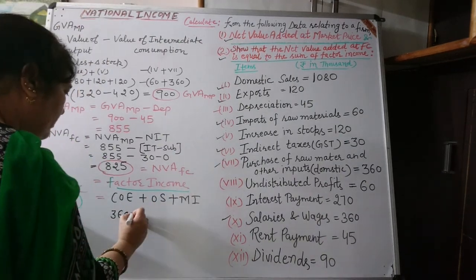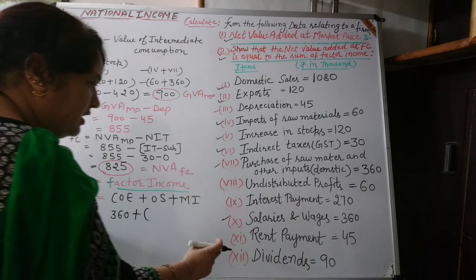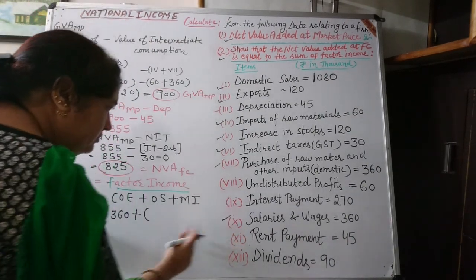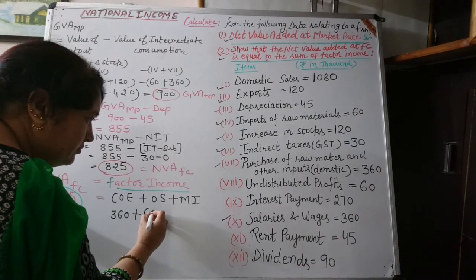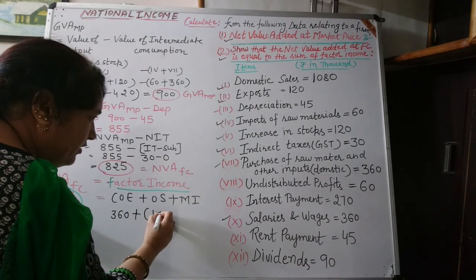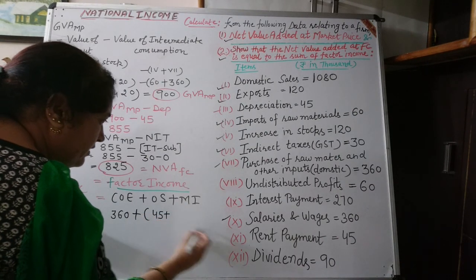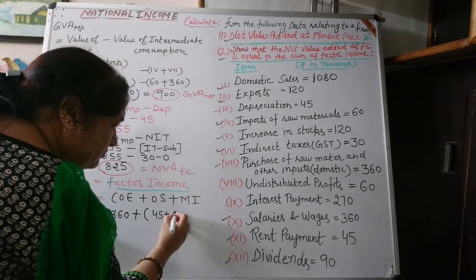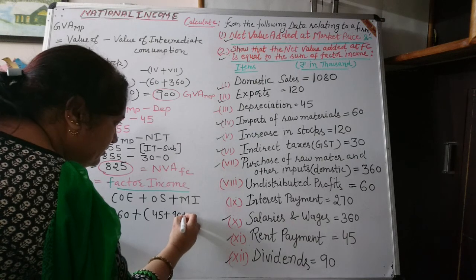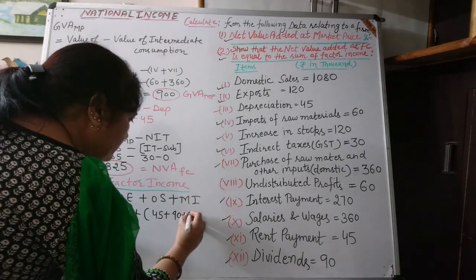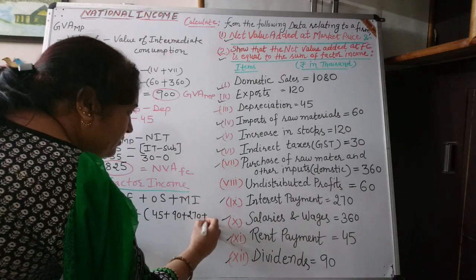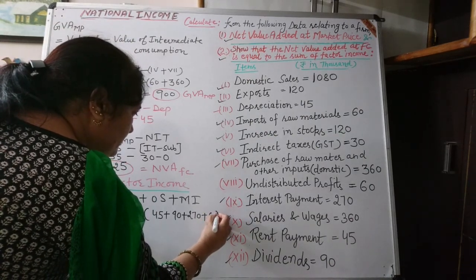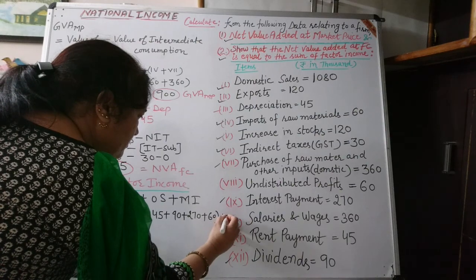Then the values of operating surplus are: number 1, rent 45, plus dividend 90, plus interest 270, plus undistributed profit 60, plus 0.